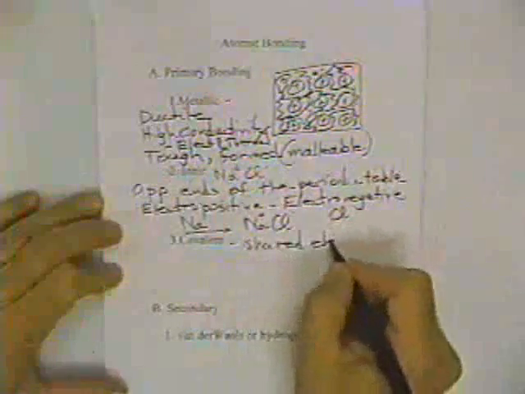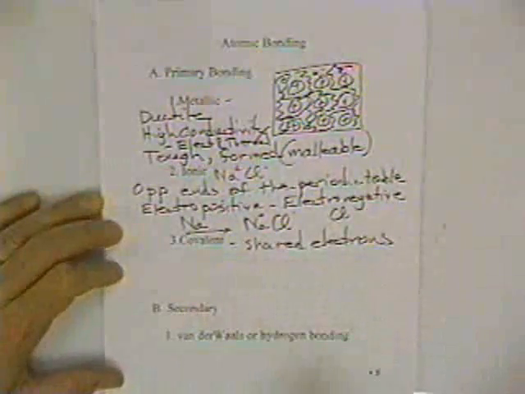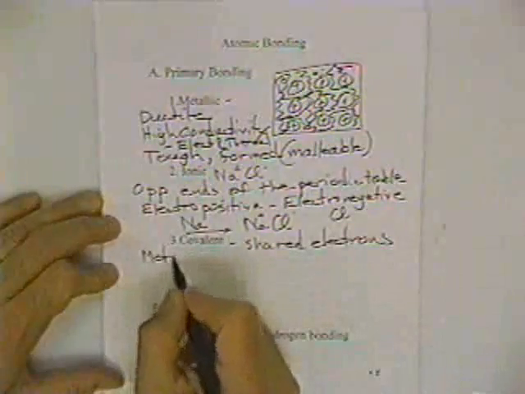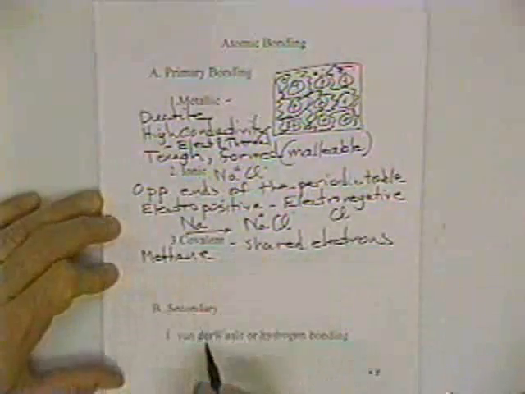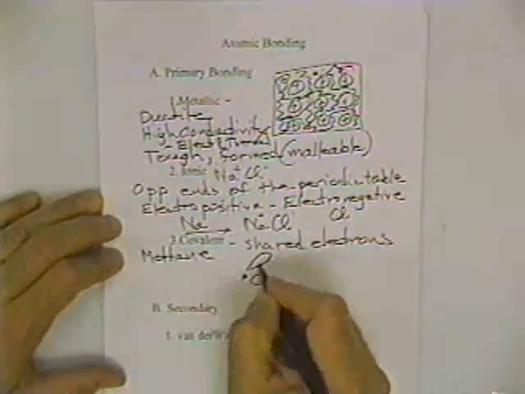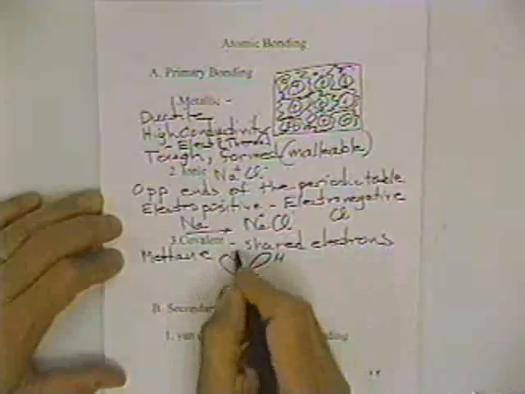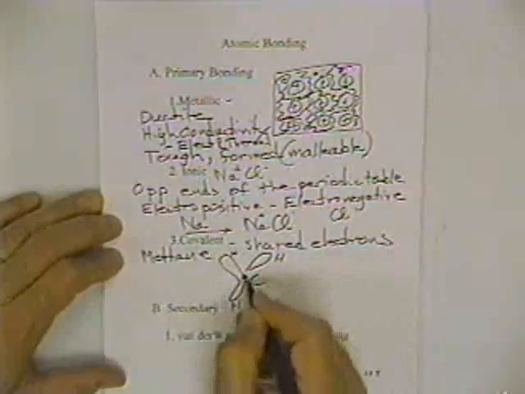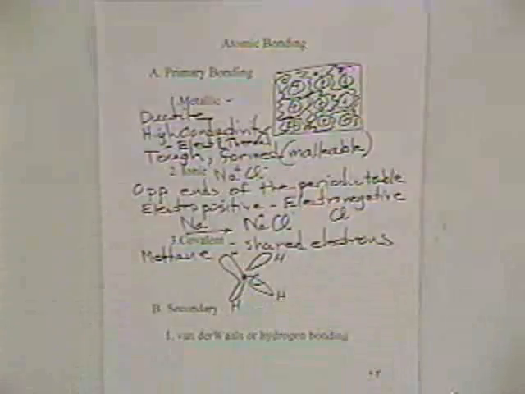Another type of bonding is covalent, and for many materials, there's a mixture of both ionic and covalent bonding. The covalent bond involves shared electrons, and perhaps a classic example, we might take a look at methane that has a central carbon atom, and it bonds with 4 hydrogen atoms.